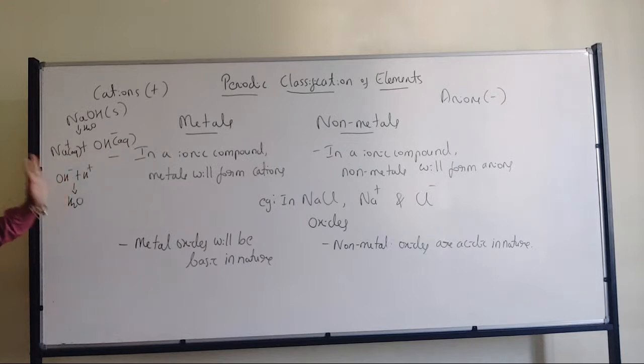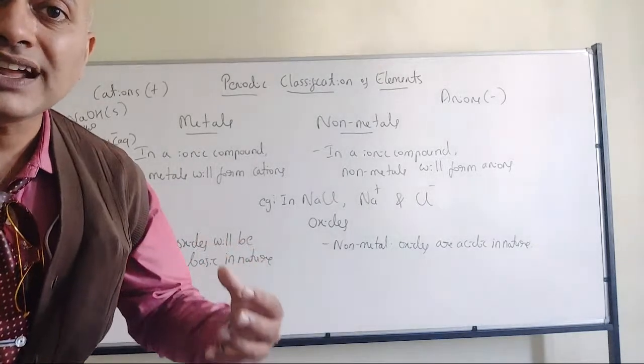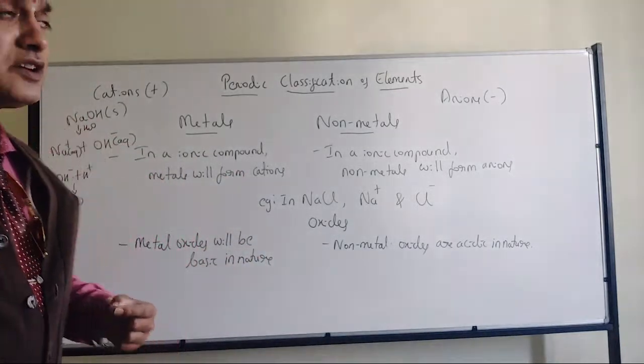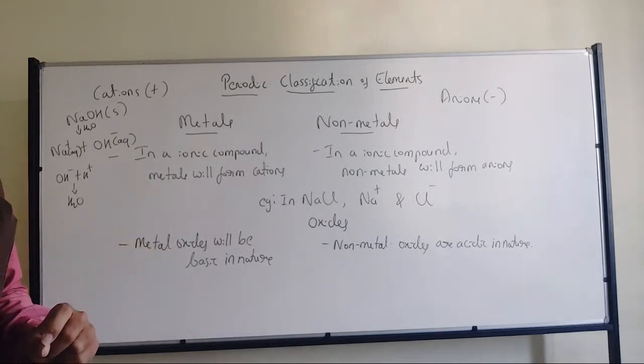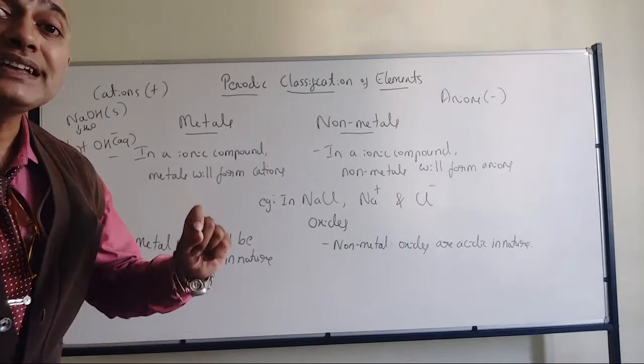Now this OH minus has the capacity to react with the H plus to form water. Since sodium hydroxide is going to decrease the H plus concentration, we can call sodium hydroxide a basic molecule. All of you have understood?